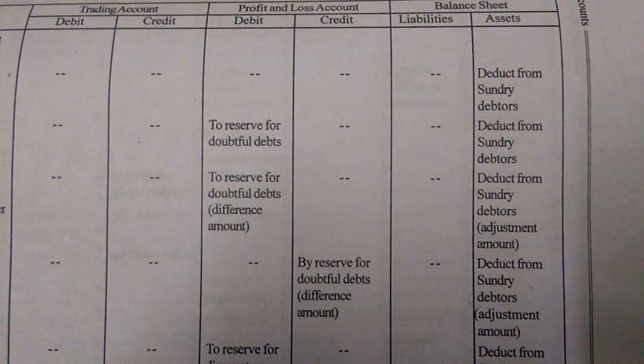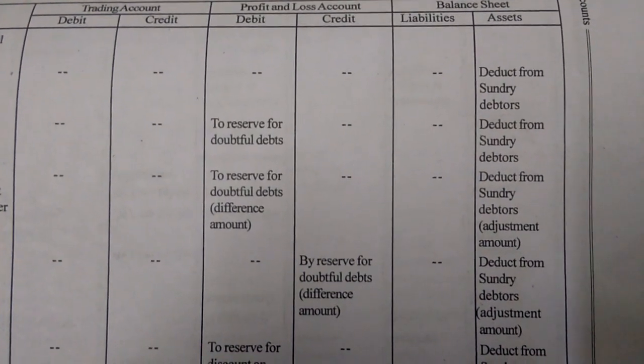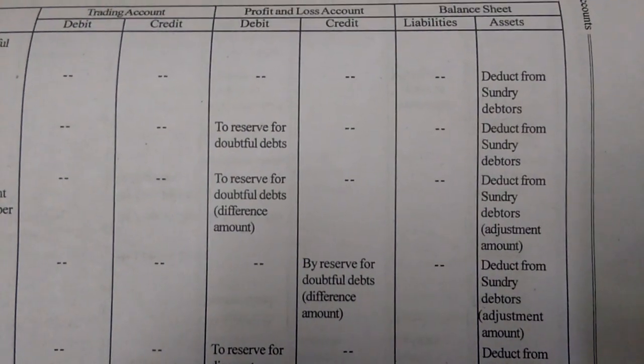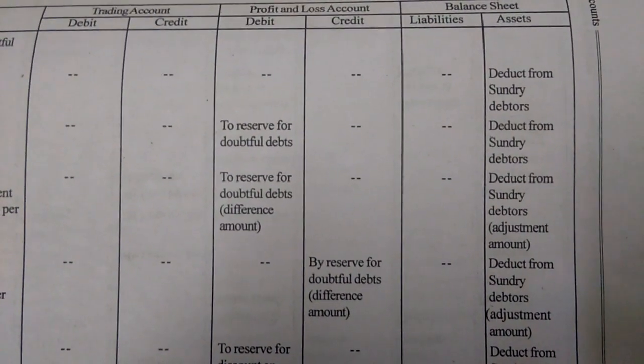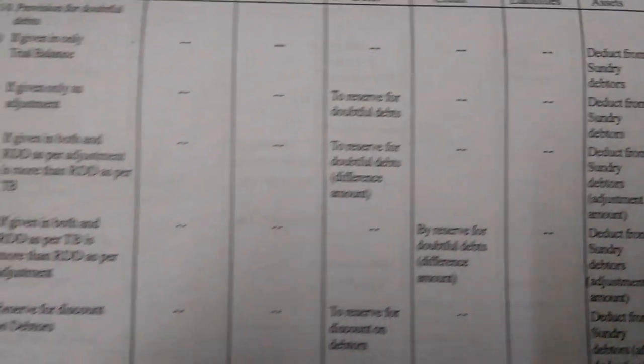So here try to understand, in any of the four points, the total new amount is deducted from the sundry debtors in the asset side of the balance sheet.